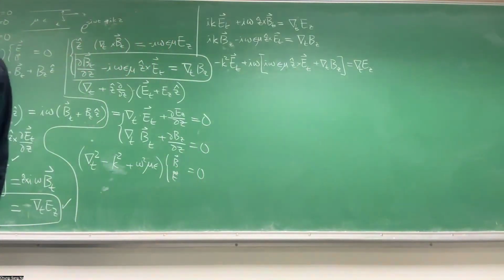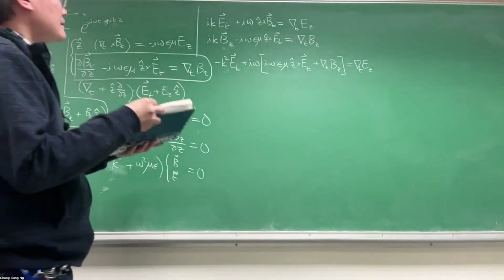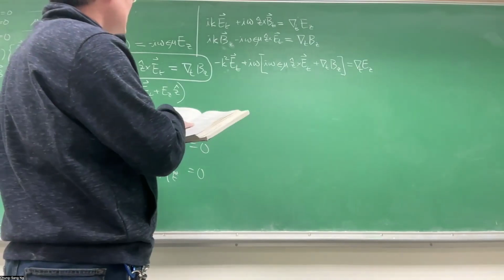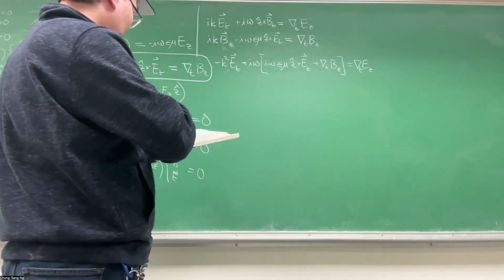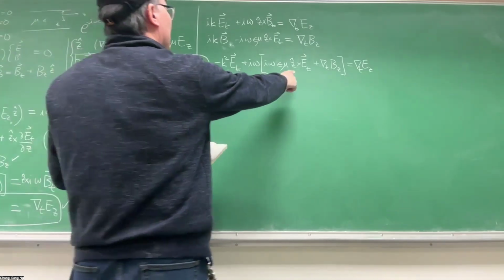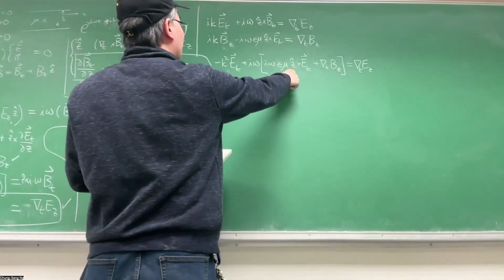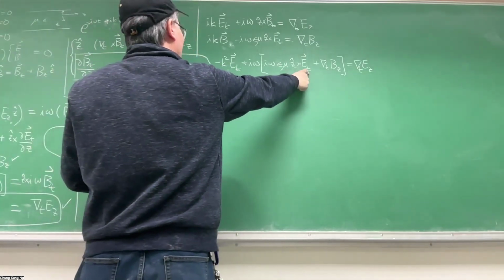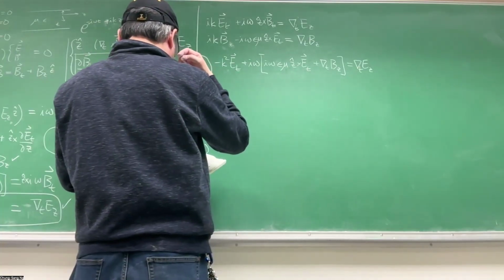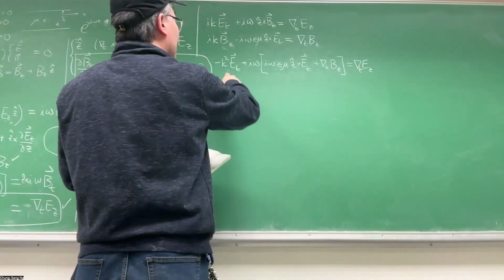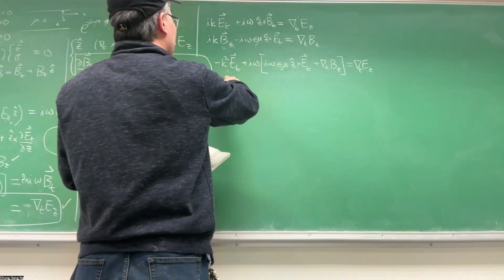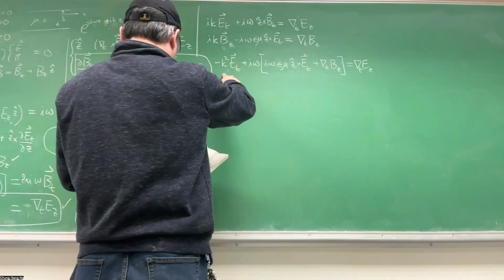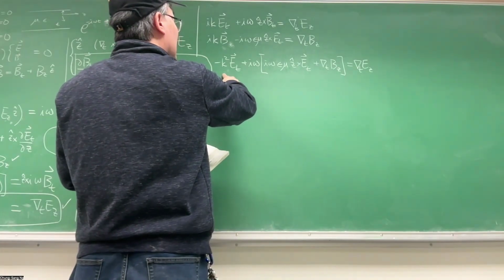The only thing now is we want to solve for E sub t, right? But in that one you have the z derivative of E sub t, so that is a little bit of a problem, right? Because you have K squared E sub t here.